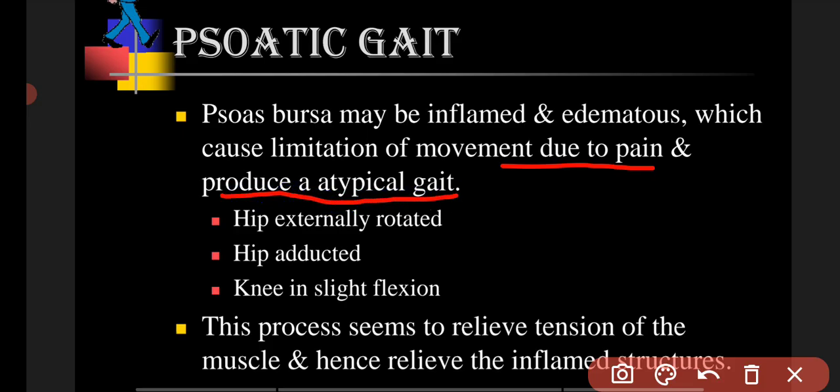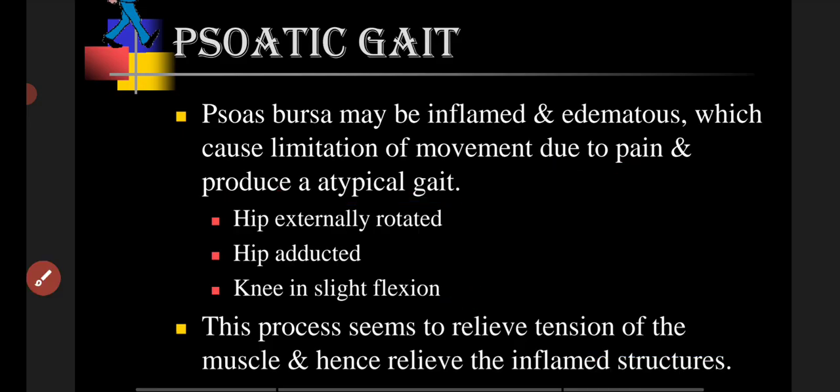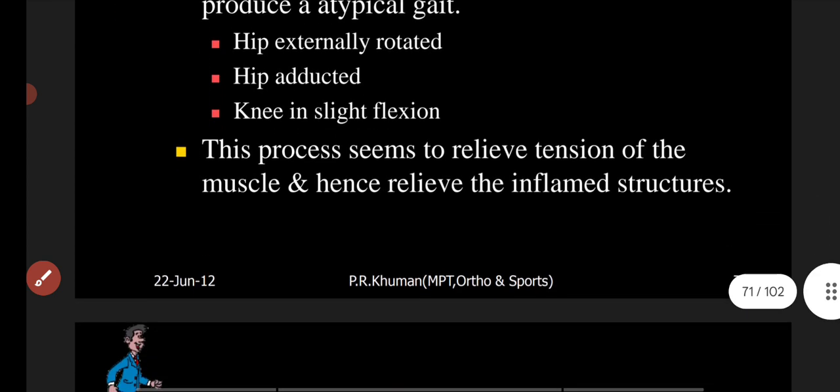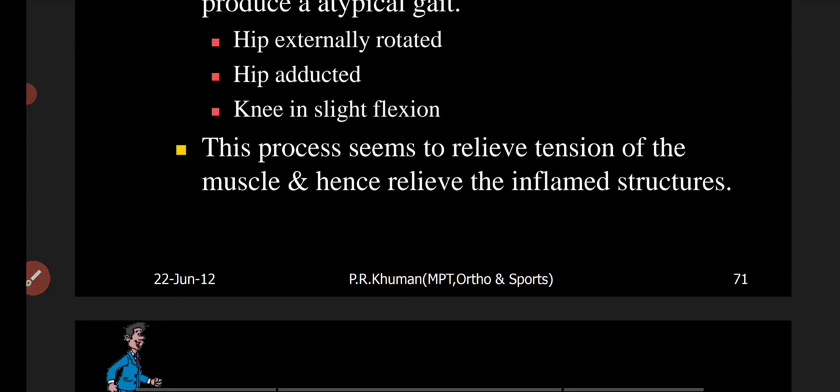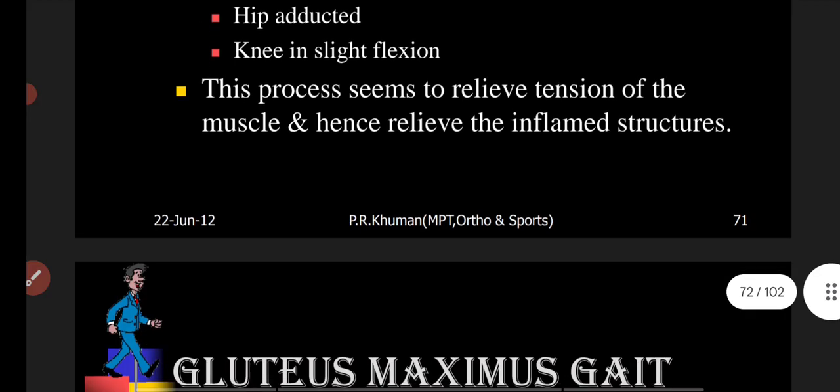In this atypical gait, the hip will be externally rotated, the hip will be adducted, and the knee will be in slight flexion. This position seems to relieve tension of the muscles and hence relieve the inflamed structure.